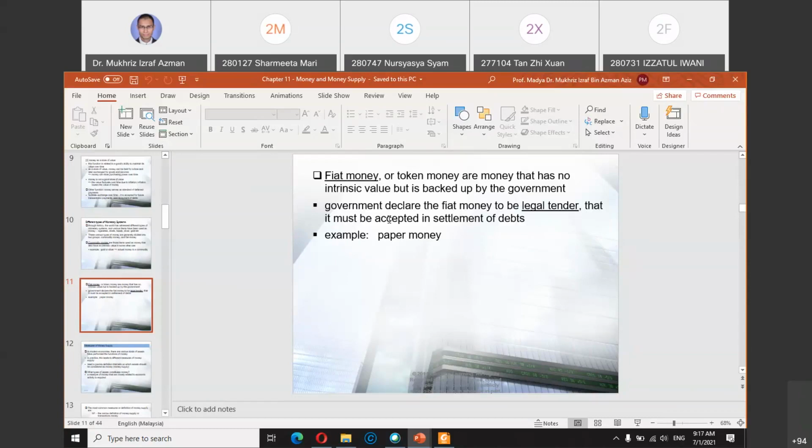But in terms of the money itself as a mode of payment, it has no value because Bank Negara Malaysia, the central bank, does not recognize it as legal money in Malaysia. So fiat money or token money is money that has no intrinsic value.